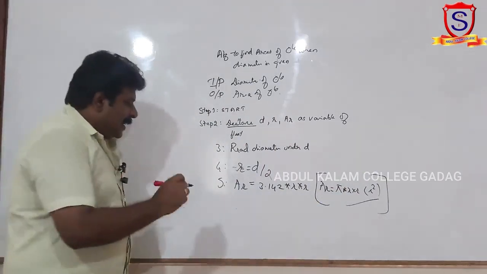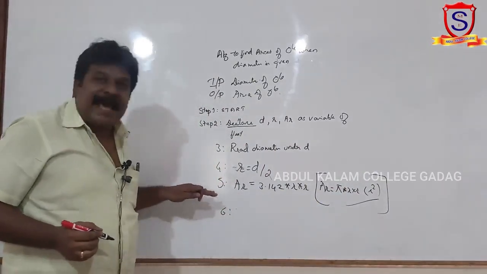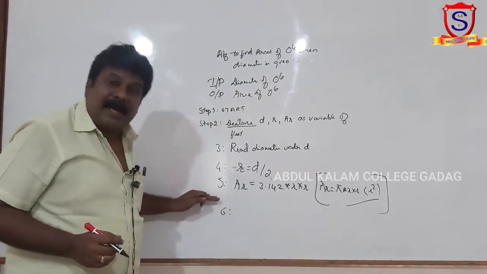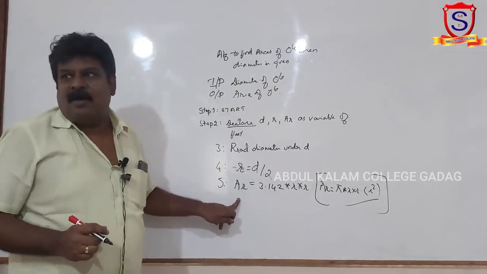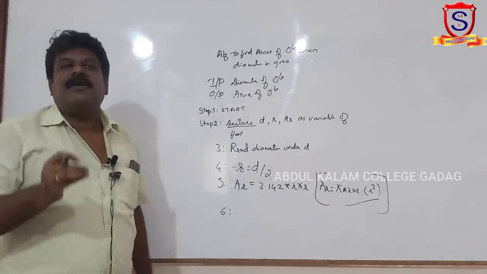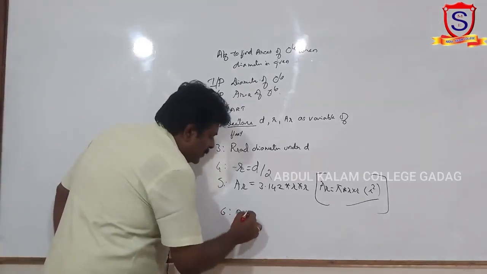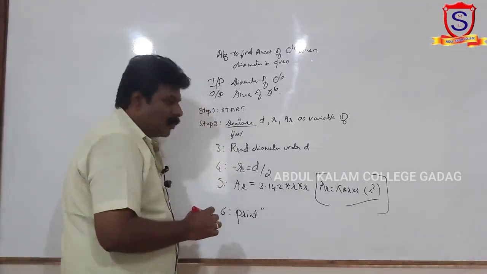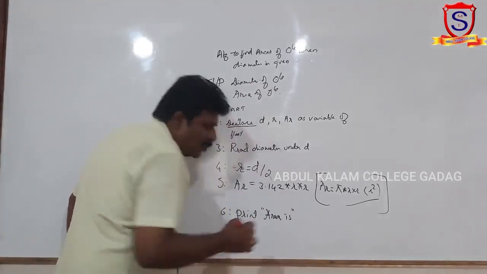Understood? Next, in step number 6. After the execution of step number 5, we have a result. We have the area of the circle under the variable called AR. Simply, we need to print it. So what do I do now? I say print, I put double quotes, area is, and I close the double quotes.